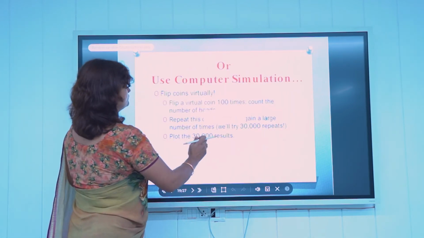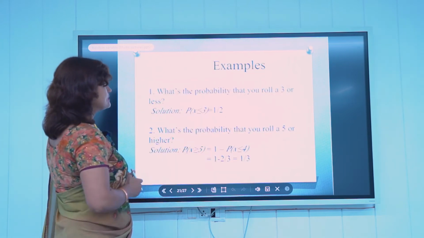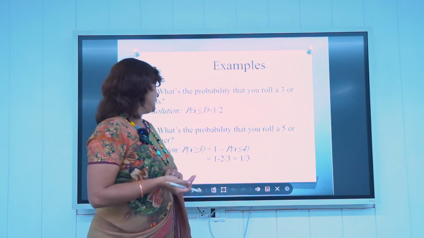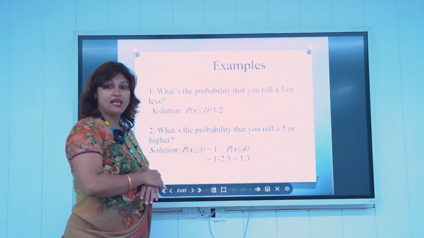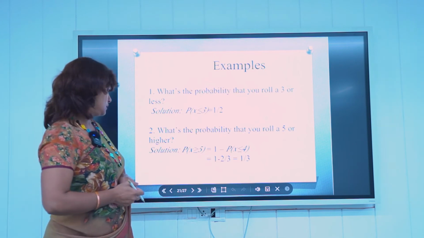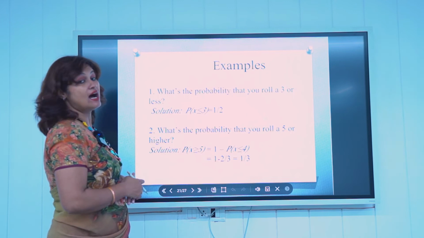So, examples are: what is the probability that you roll a 3 or less? The notation is, for a random variable x, it is 3 or less, that is 1 upon 2. And what is the probability that you roll a 5 or higher?